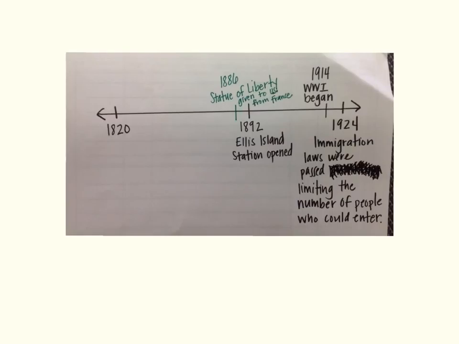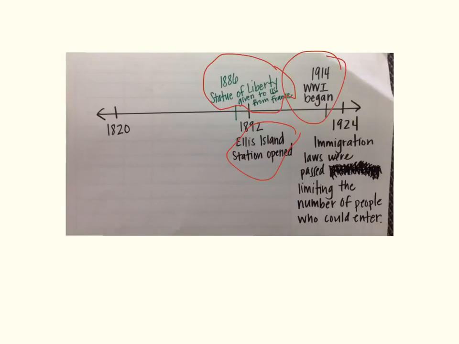I also added that World War I began in 1914. In 1892, Ellis Island opened, and the Statue of Liberty was given to the U.S. from France in 1886.